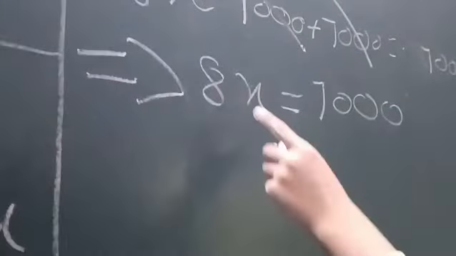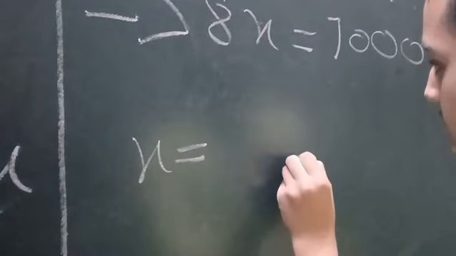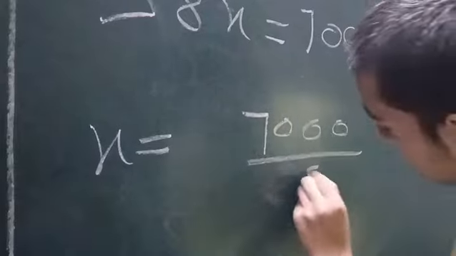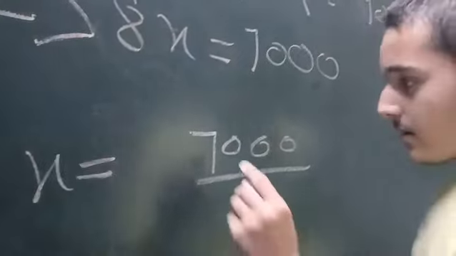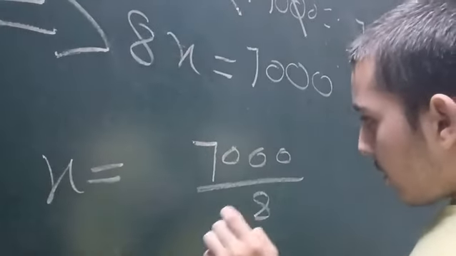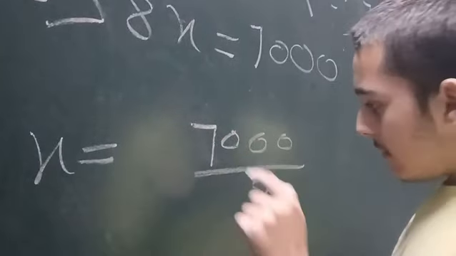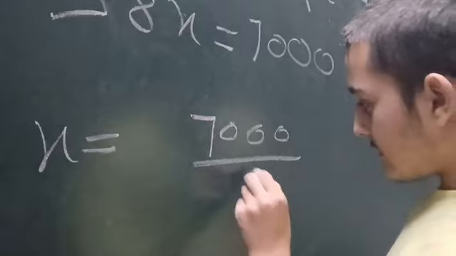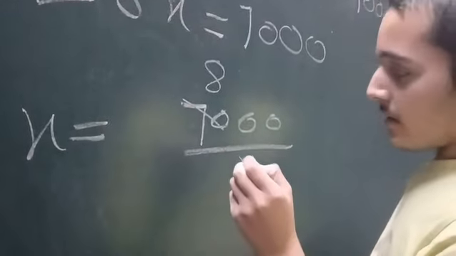Now if 8x is equal to 7000, then x should be equal to 7000 divided by 8. So now let us solve this. We cannot divide 7 by 8, so we will divide 70 by 8. 8 8s are 64.